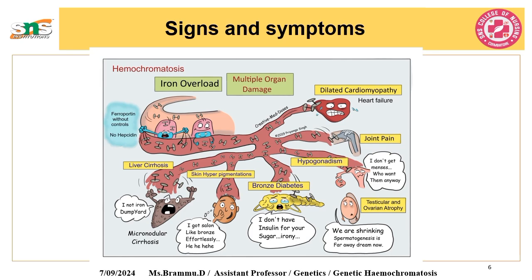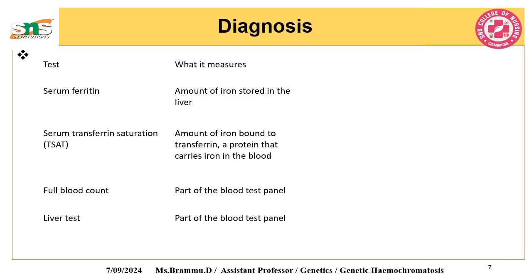And if the pancreas is affected, then the patients show a condition known as bronze diabetes. Even the testicles and other reproductive organs, that is the ovaries, are also involved, which causes significant changes in the patient. So how can we test these iron deposits?